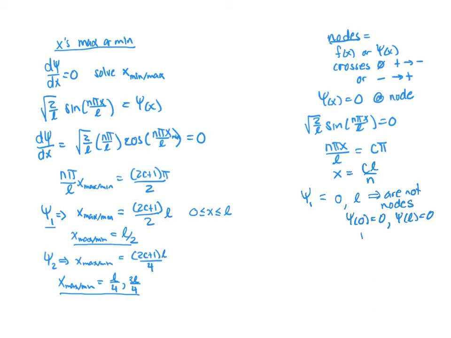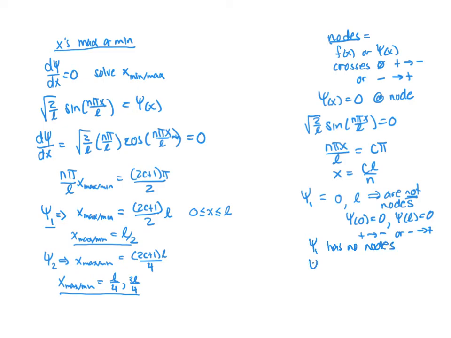It doesn't go from plus to minus or minus to plus. So these are not nodes. So the endpoints of my range are not nodes. So there are no nodes for psi 1. So psi 1 has no nodes.